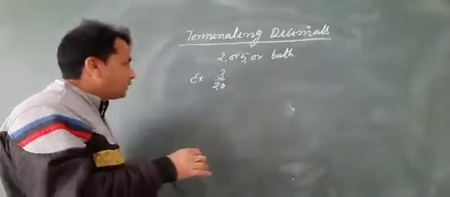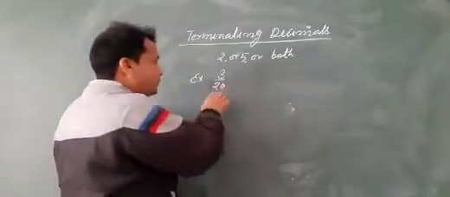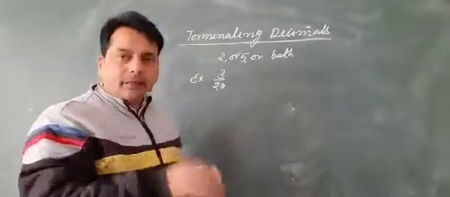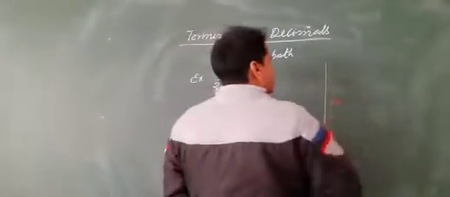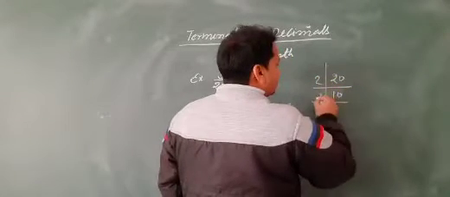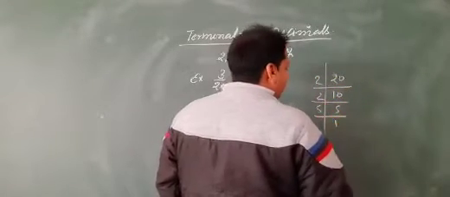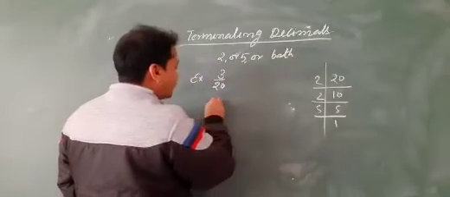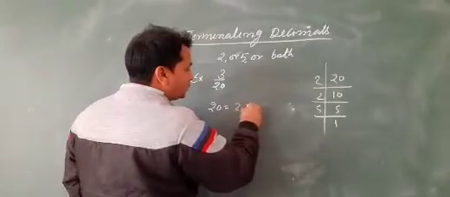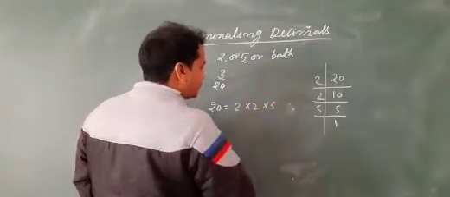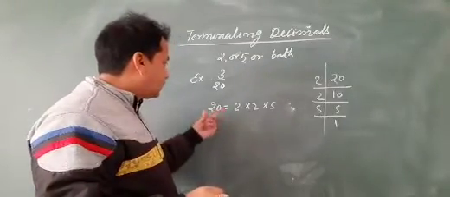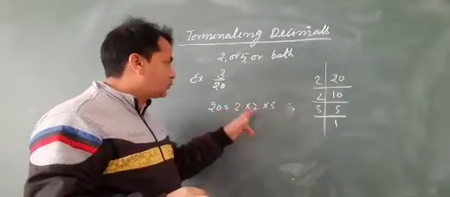Now the denominator in this rational number is 20. The prime factors of 20 are 2 into 2 into 5.